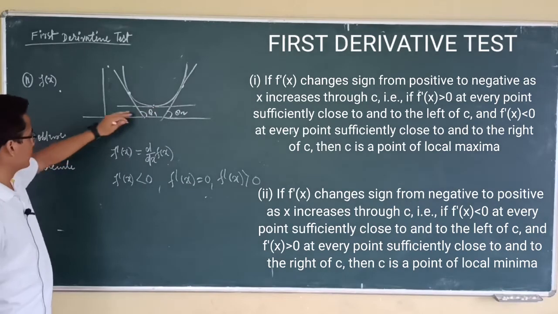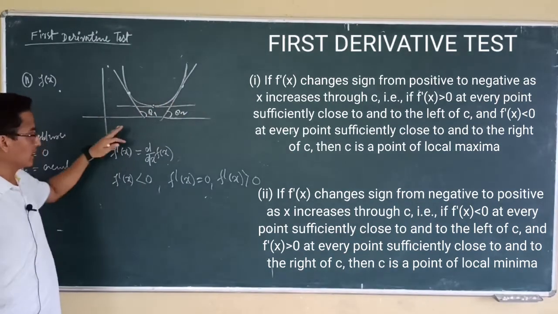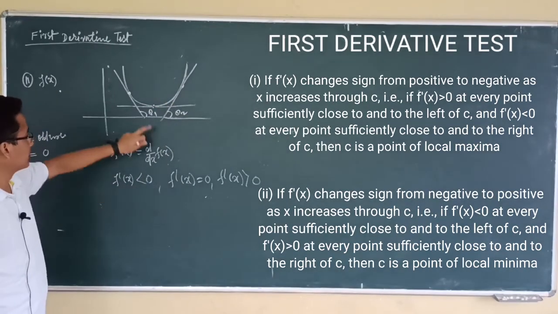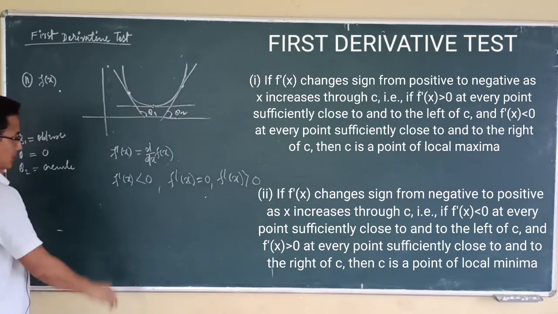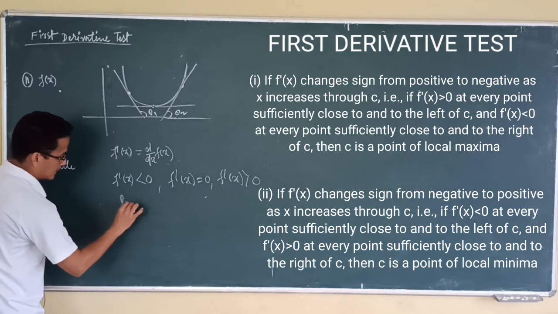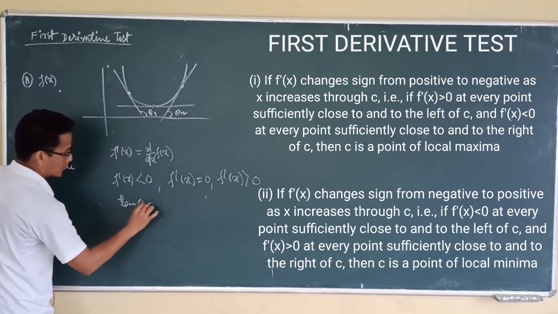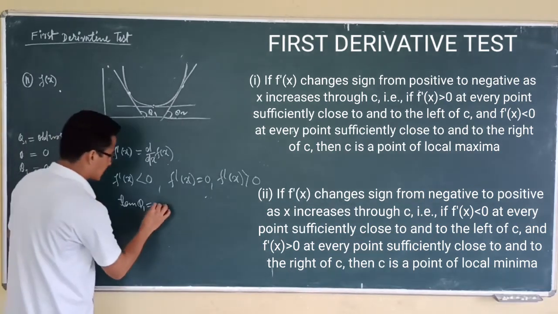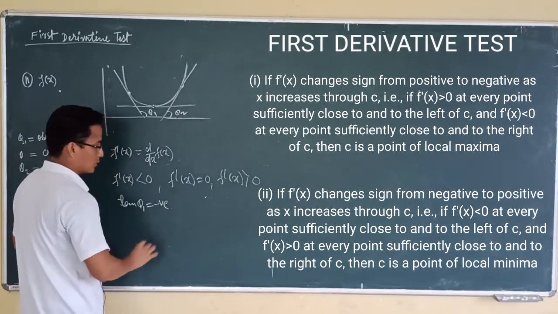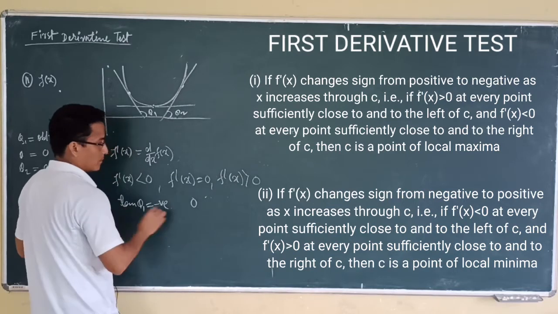At the critical point we draw the slope, then we get 0 degree, then this is an obtuse angle and this is an acute angle. Now tan theta 1 is what? Obtuse, so tan of an obtuse angle, greater than 90 degree, gives a negative value, and this is 0.